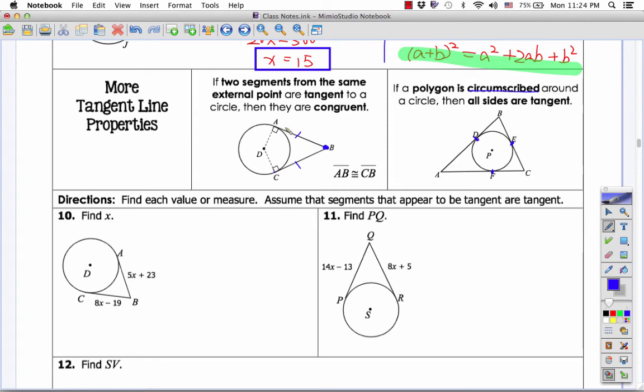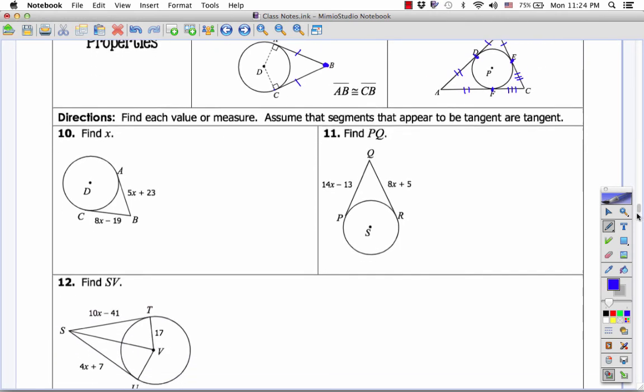And if you think about it, since we have our ice cream cone theorem, BE and BD should be congruent, right? One external point, two tangent lines, the two sides should be congruent. AD and AF should be congruent. And EC and FC should be congruent. So you've got three sets of congruency here, but it all goes back to the ice cream cone theorem.